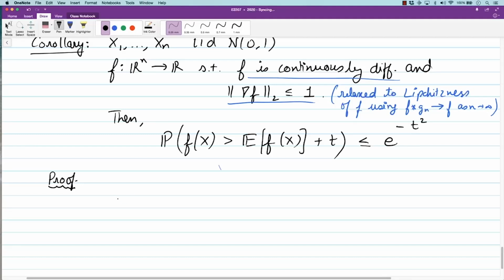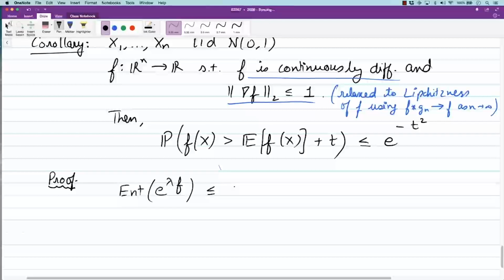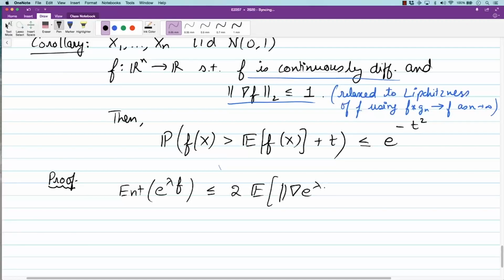So let's look at the entropy of e to the power lambda f. Since f is continuously differentiable, e to the power lambda f is also continuously differentiable. It's less than or equal to 2 times the expected value of the norm of the gradient of e to the power lambda f, squared.